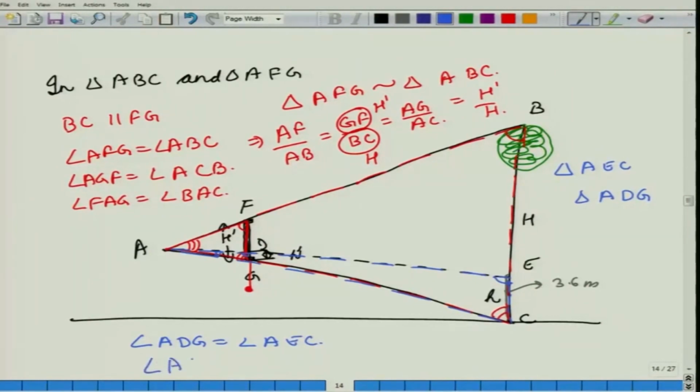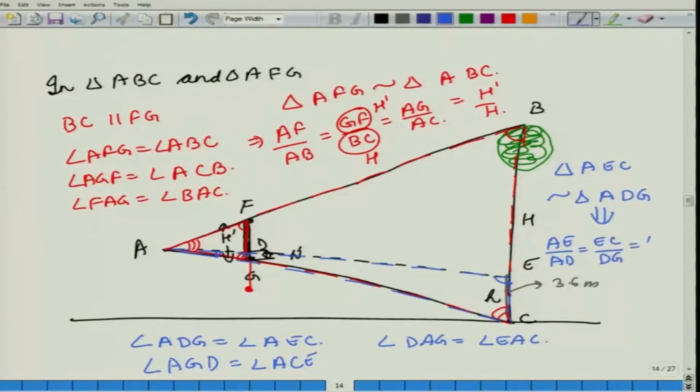Also, angle AGD is equal to angle ACE and the common angle DAG is equal to angle EAC. So, both these triangles are also similar, which would give us that the corresponding sides are in a constant ratio. So, we have AE by AD is equal to EC by DG is equal to AC by AG.